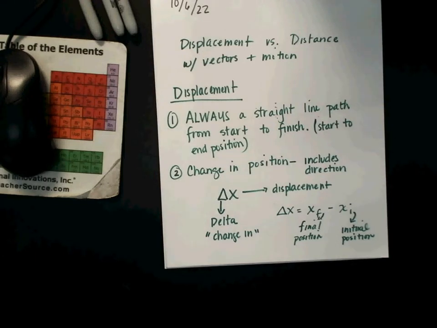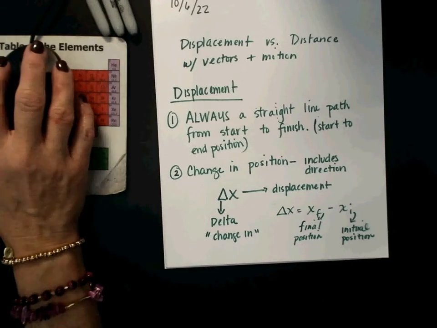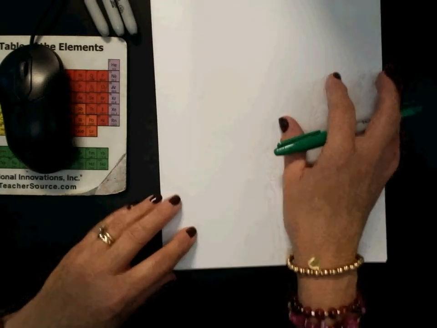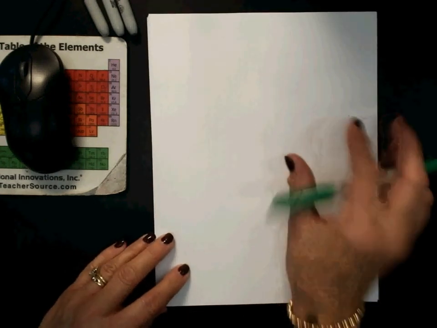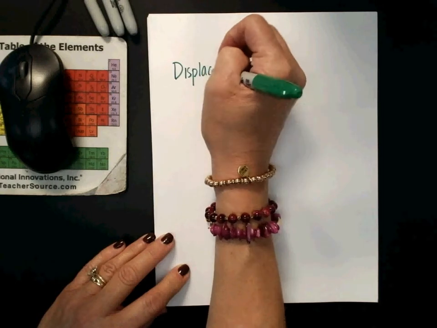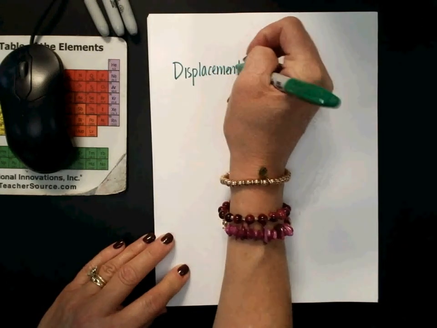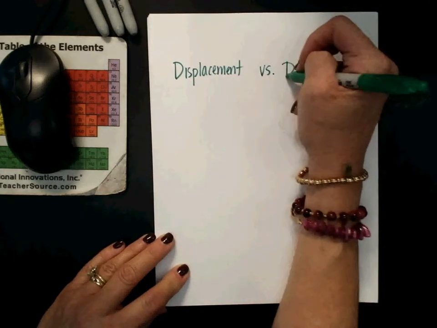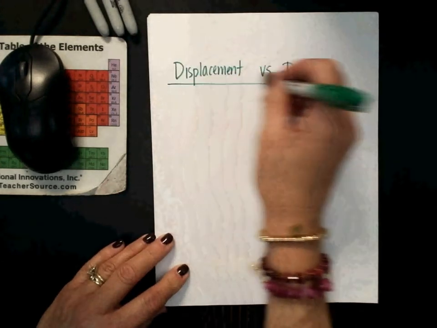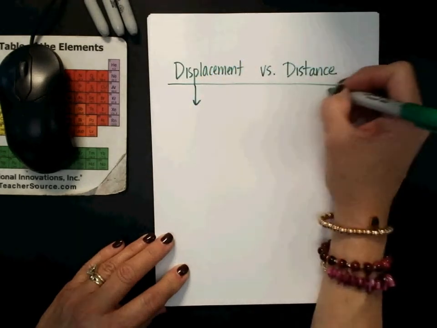All right, so, displacement versus distance. If I look at these two things side by side, I'm going to draw an arrow under each one.